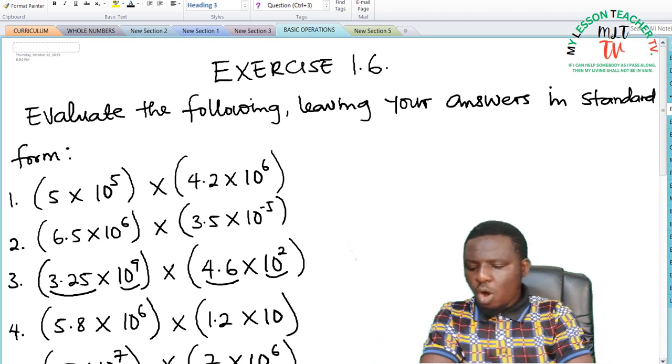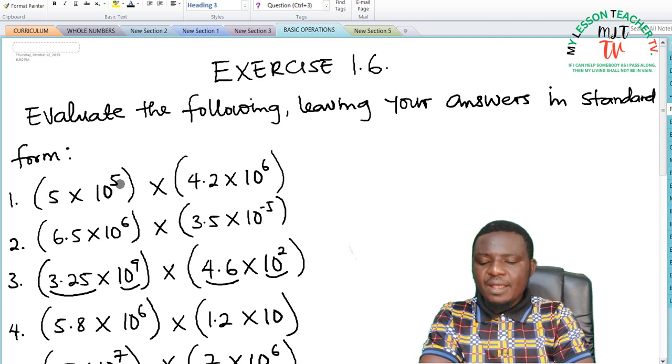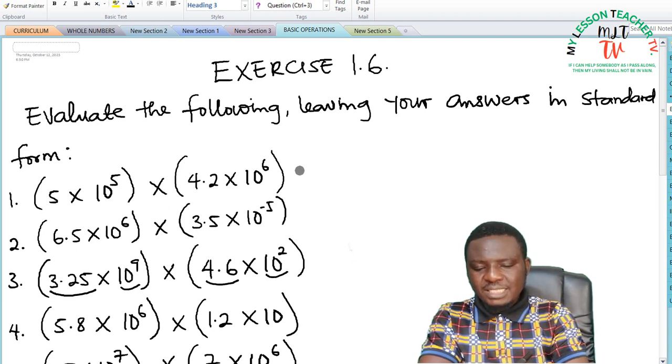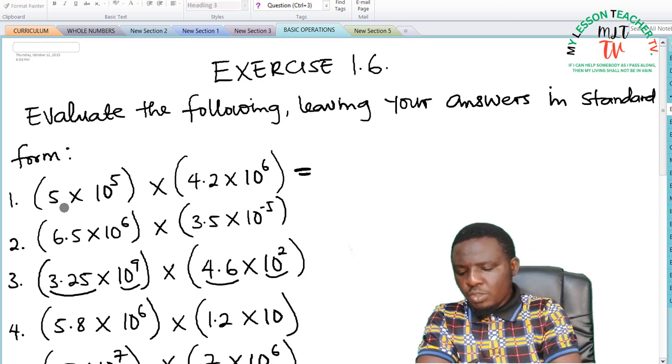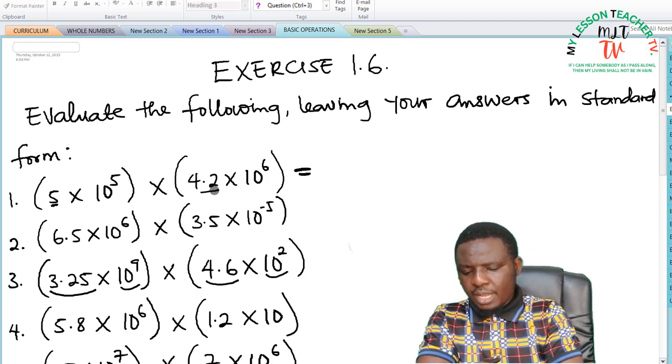So, 1. We are asked to multiply 5 times 10 raised to the power of 5 by 4.2 times 10 raised to the power of 6. This is going to be equal to, you multiply these two as well as the powers of 10.